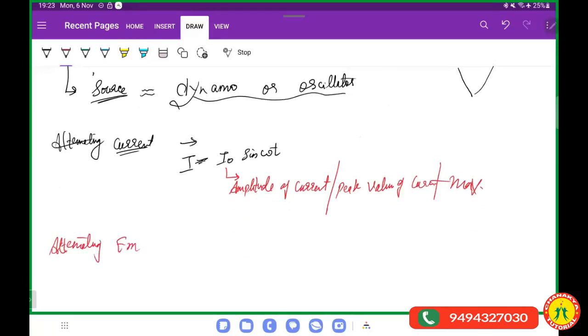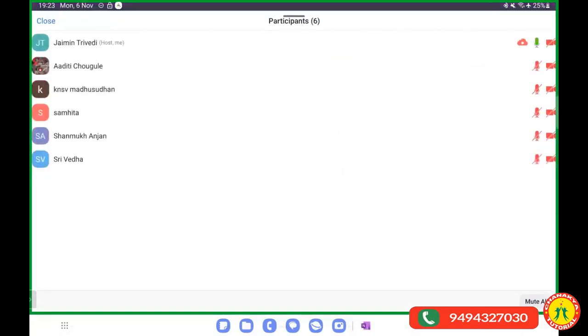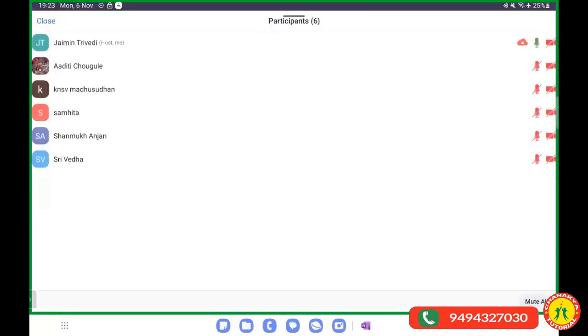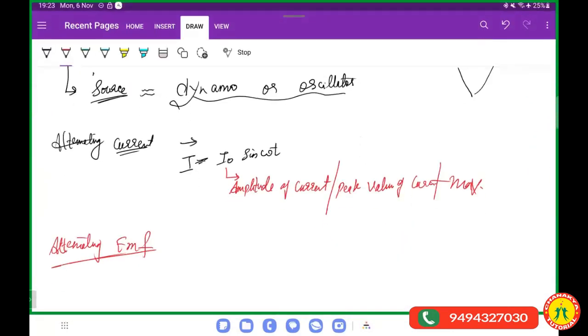What is EMF? I just want answers from 11th standard students. Come on, Aditi, Madhusudan. Electromotive force. What do you mean by that? Any idea?